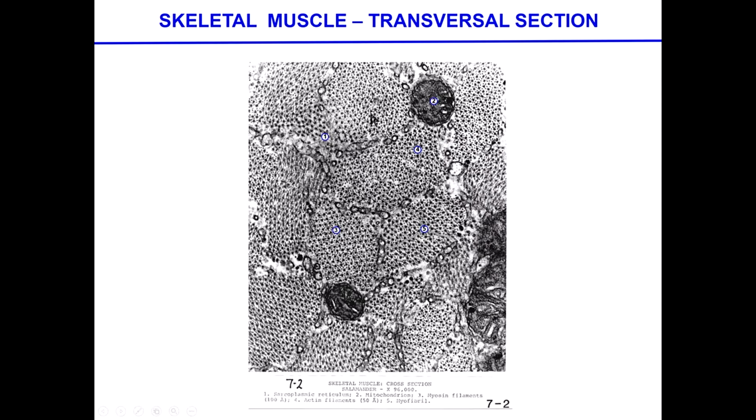Again, these are typical structures. There is nothing new that you haven't seen before, the mitochondria, the sarcoplasmic reticulum, and this is simply a way of showing that we are in the middle of the sarcomere, somewhere where there is the overlap between the two kinds of filaments. Questions?